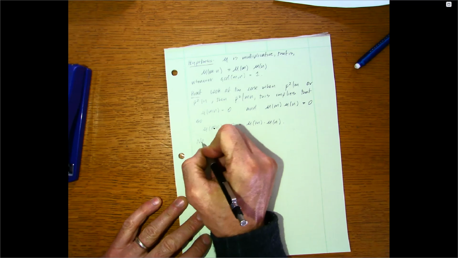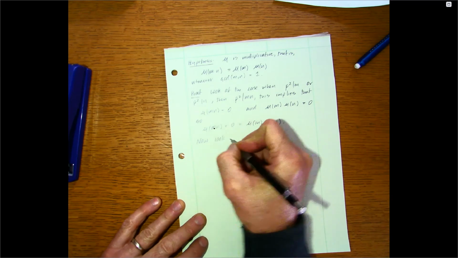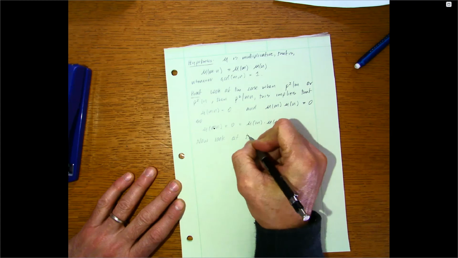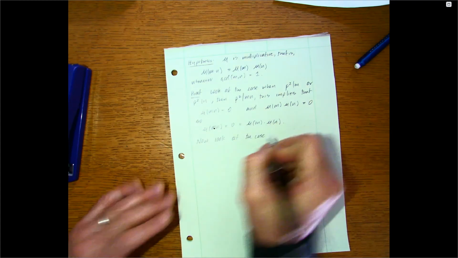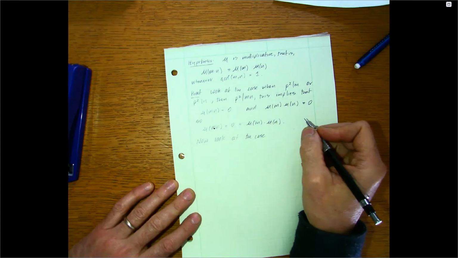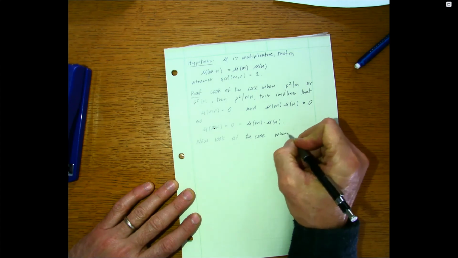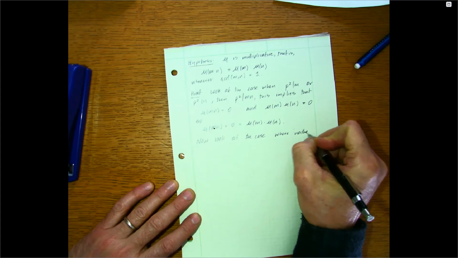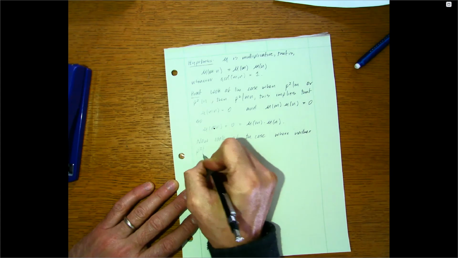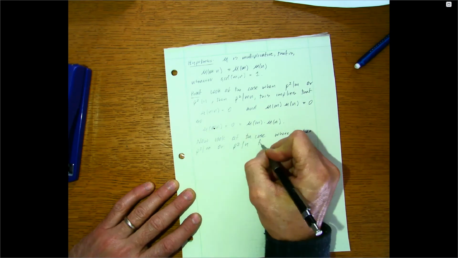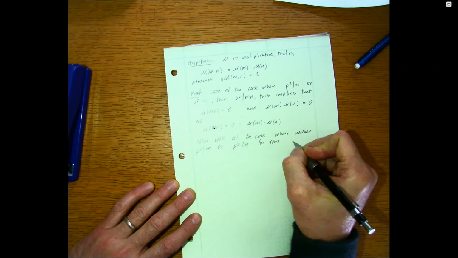Now look at the case where neither p squared divides m nor p squared divides n for some p.